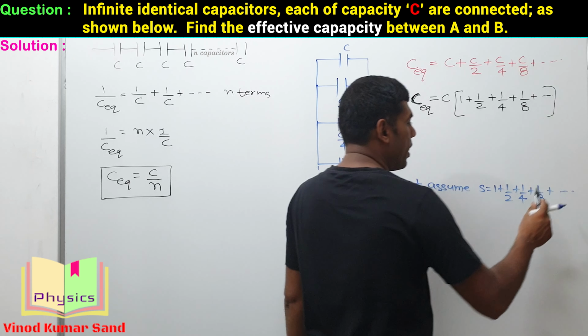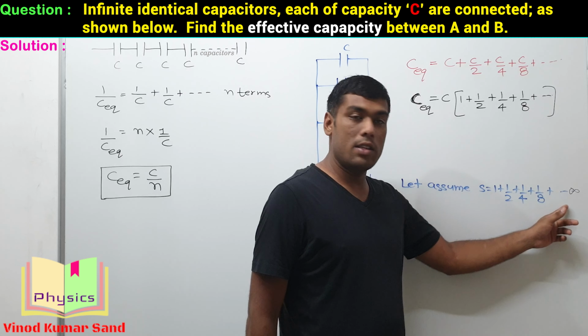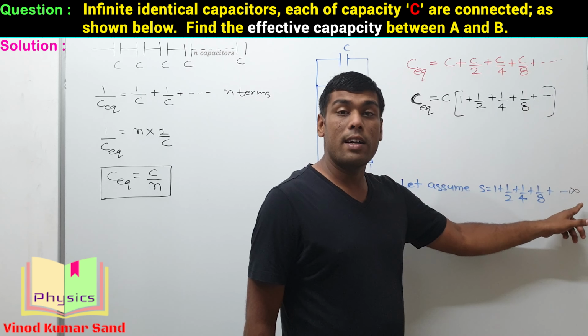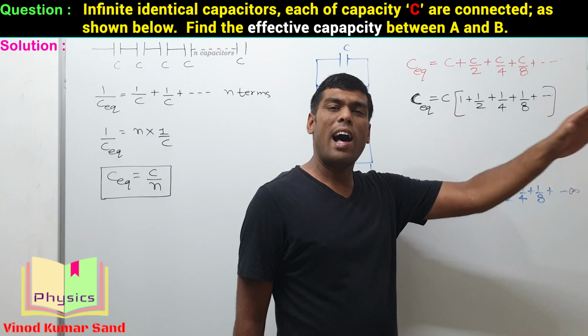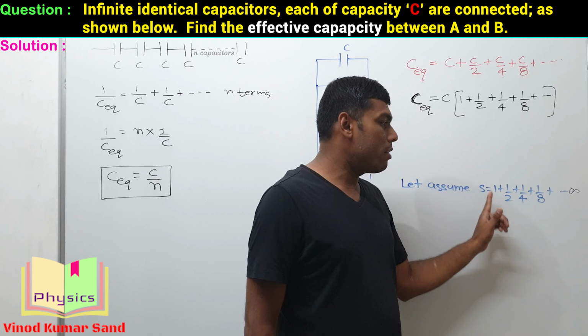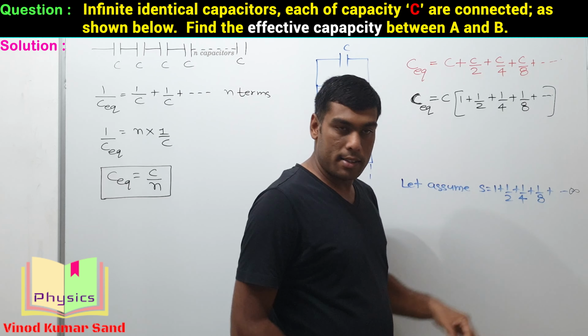Whenever we have a converging series, the data is going up to infinity, but finally it will converge because the numbers are continuously decreasing. The last term will be almost negligible. Whenever we have an infinite converging series, we can assign it a number S.